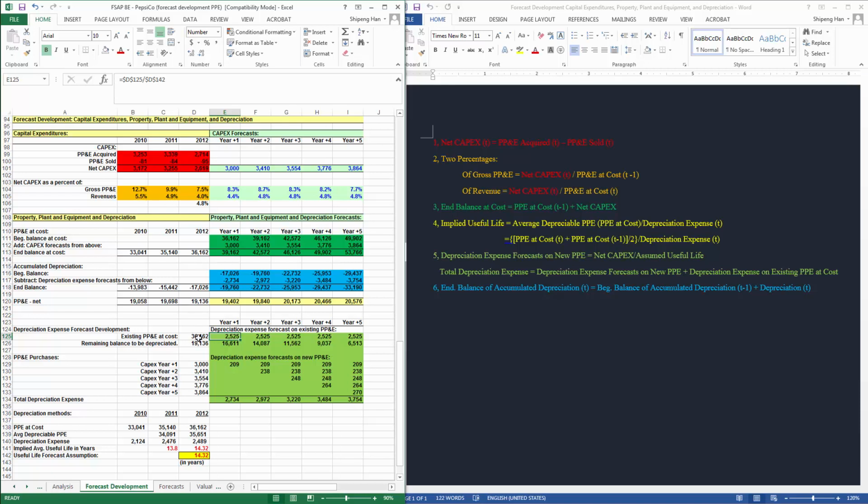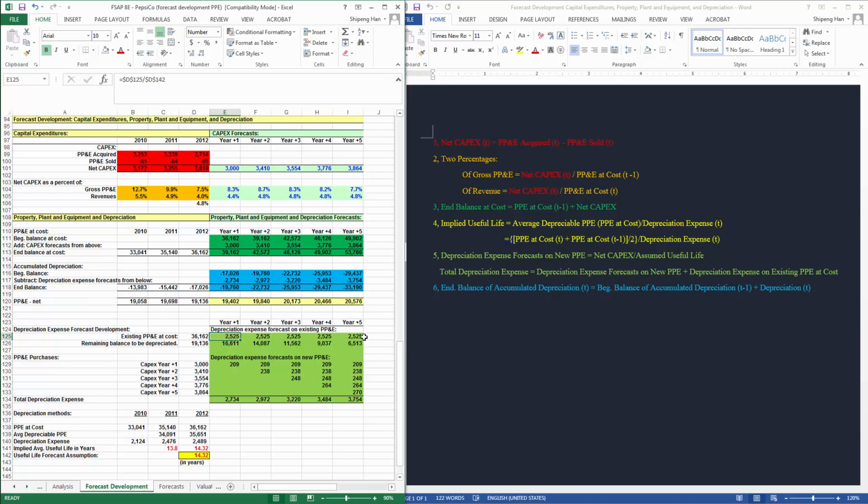So the annual depreciation is what? 2,525. Actually, it is simply the existing PPE at cost of 2012 scaled by the implied useful life. So from year +1 to year +5, the depreciation is 2,525 as a flat rate.